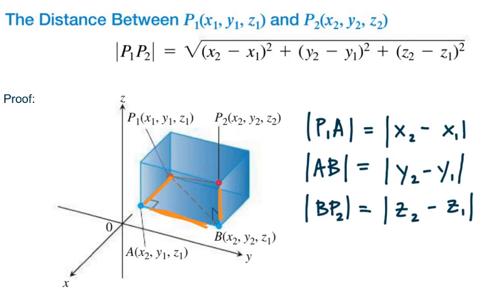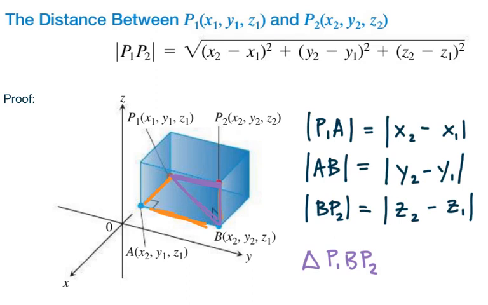So now let's consider the fact that we have 2 triangles in here. I have one triangle right here that I'm highlighting in purple. This triangle, we've got triangle P sub 1 to B to P sub 2. That's a right triangle.